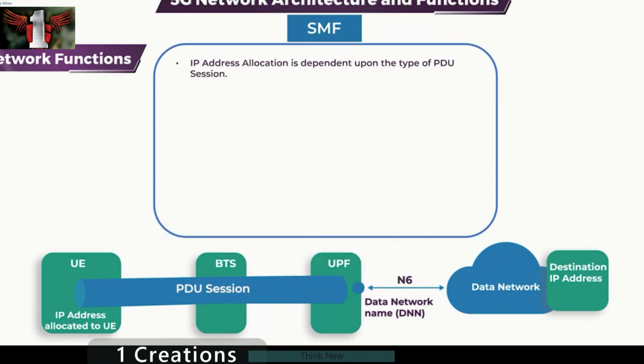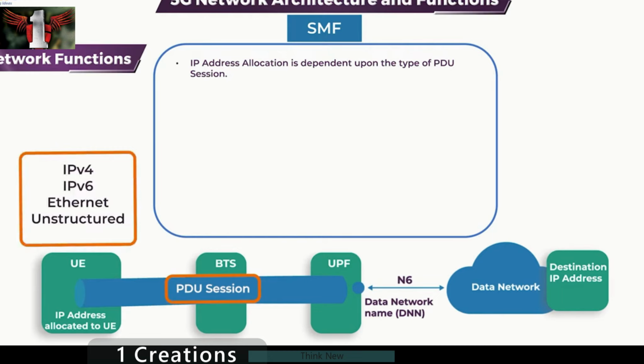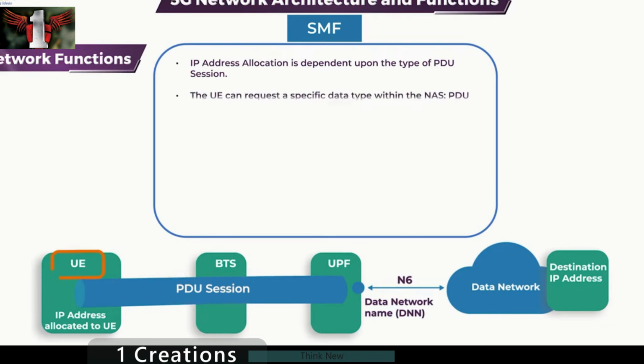IP address allocation is dependent upon the type of PDU session. A PDU session can be set up to transfer either IPv4, IPv6, Ethernet, or unstructured data types. The UE can request a specific data type within the NAS PDU session establishment request message.